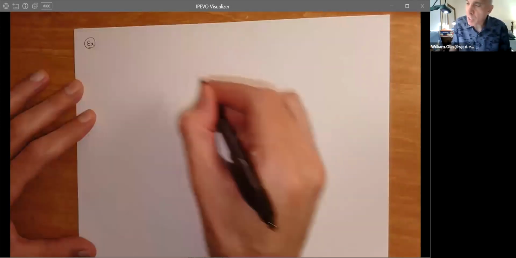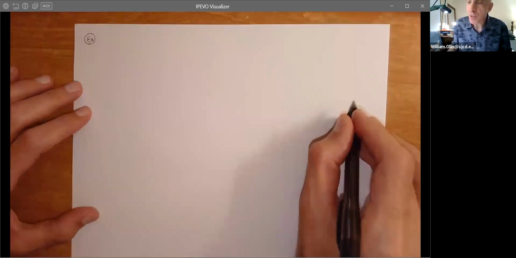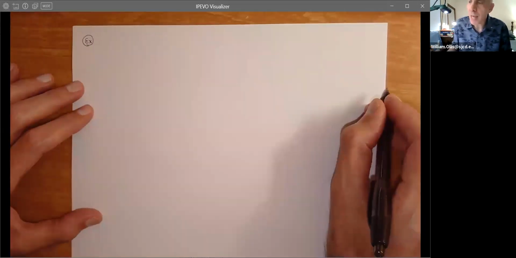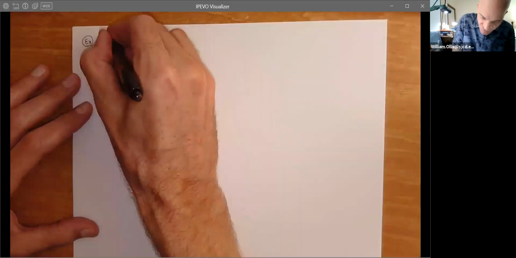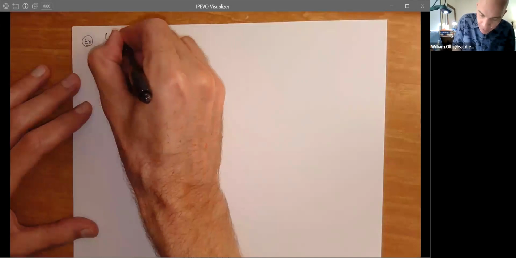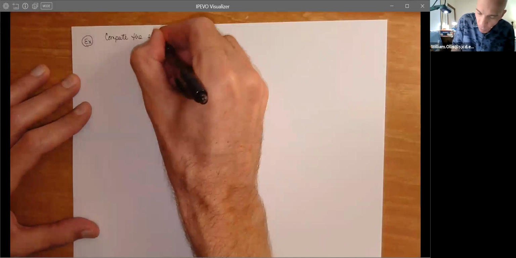So in this particular problem here, WebAssign is asking for the equation of the tangent line at a point. So WebAssign is saying compute the equation. Now it feels like we're back in Cal 1.